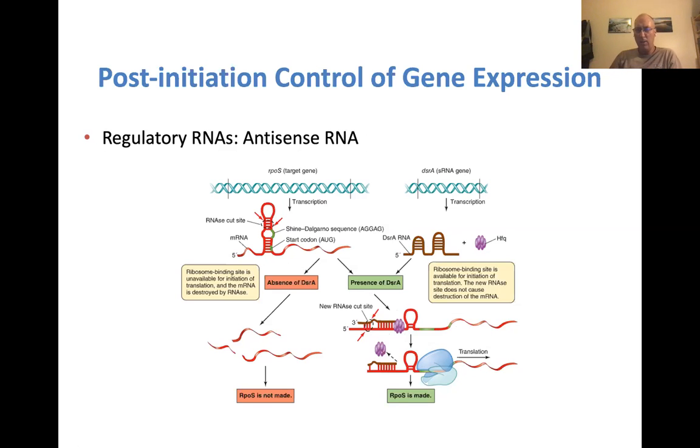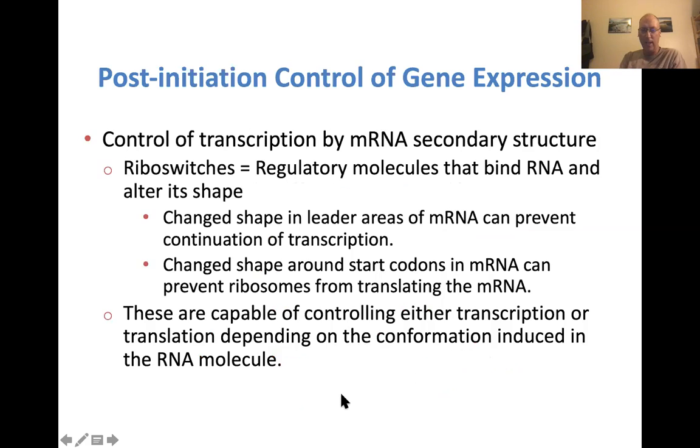A little bit counterintuitive, but this is just showing how that particular antisense RNA can actually activate translation of a message. Often, though, the antisense RNAs actually get in the way of translation, and so they are inhibitors of translation.